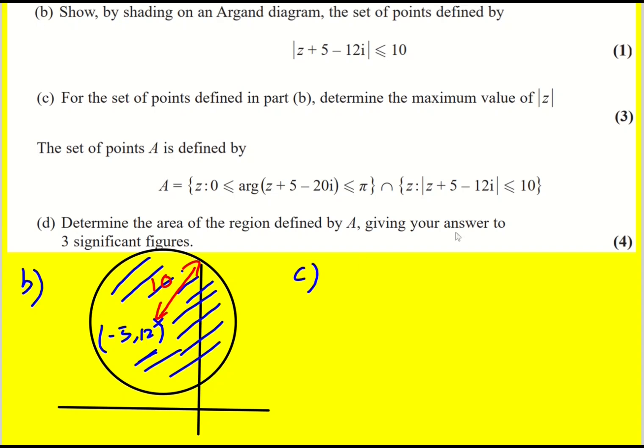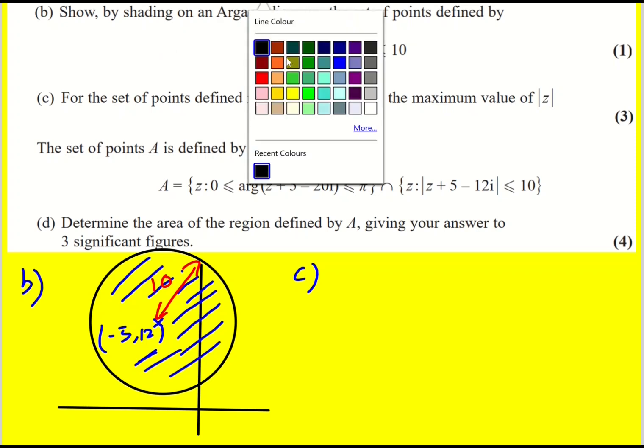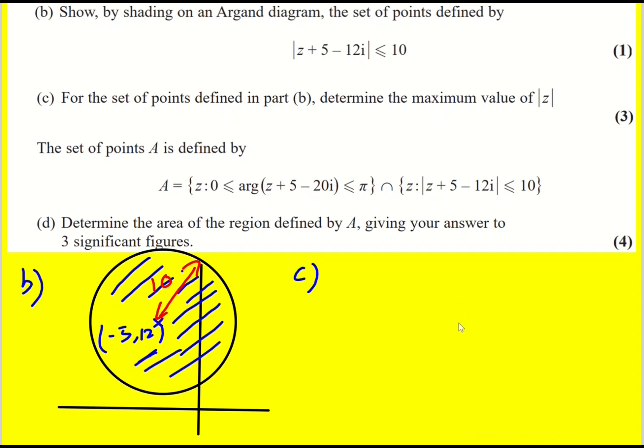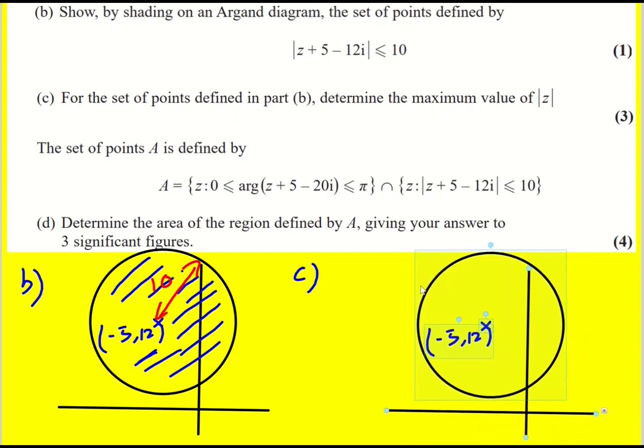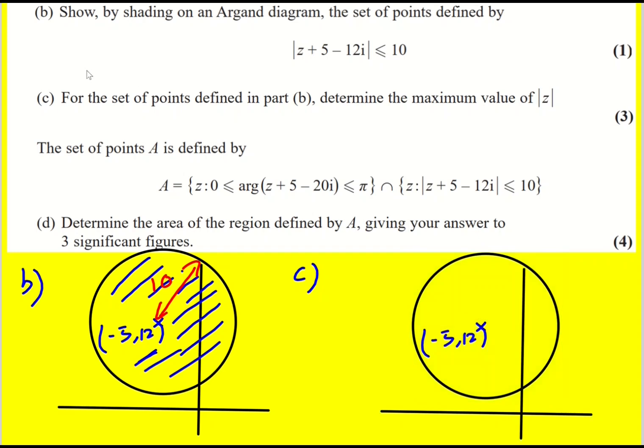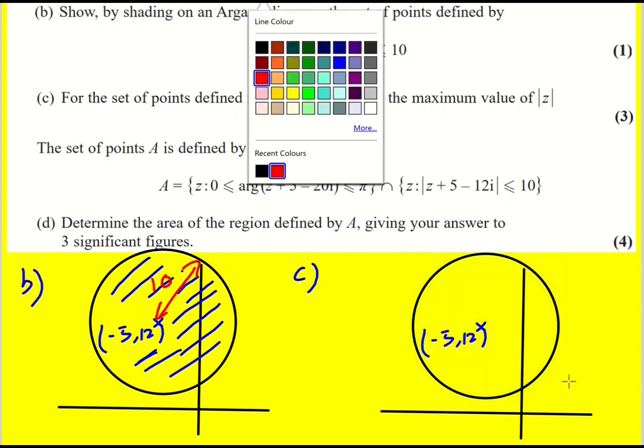Now for C, we're asked for the set of points defined in B, determine the maximum value of the modulus of z. So I want to go through as much of the circle as I can. In fact, I'm going to draw a new diagram here, starting from the origin. The way to do this is to use the diameter.